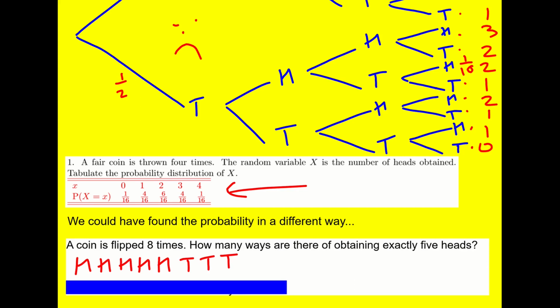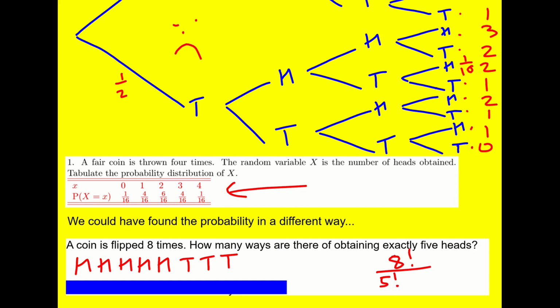But what we've returned to, essentially, is permutating 8 objects, so 8 factorial. However, it doesn't matter whether I get heads here and heads here. If I swap them round, I get the same thing. So I need to divide through by 5 factorial.